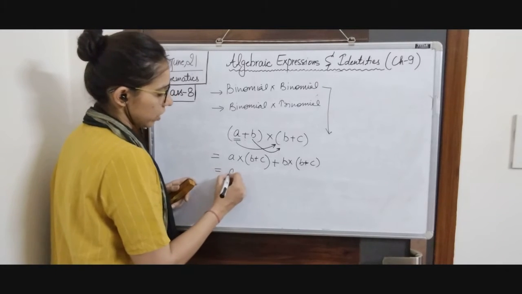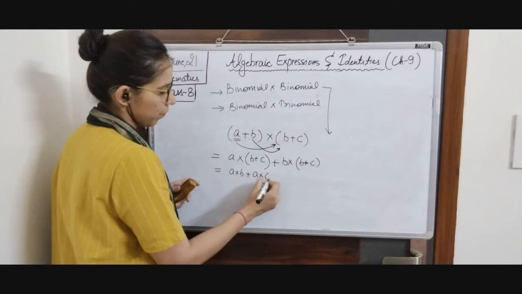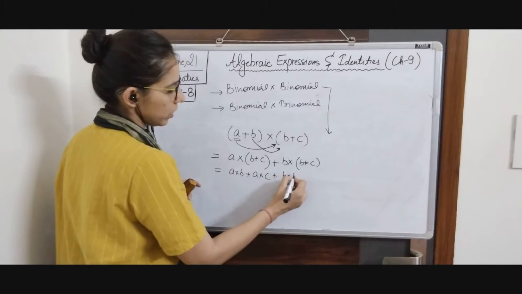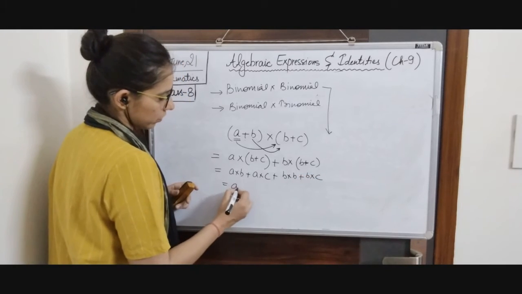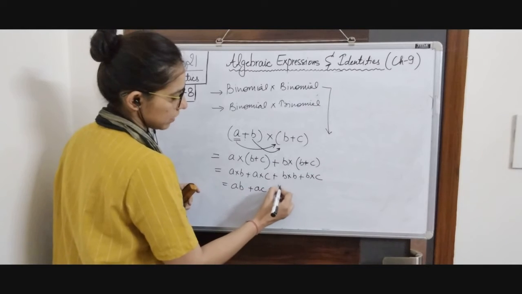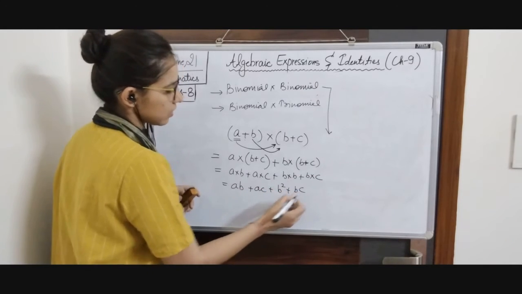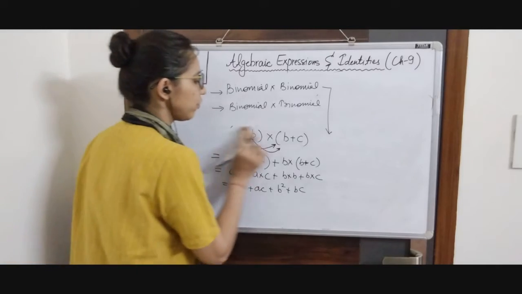So it is going to be a into b plus a into c, and b into b plus b into c. It will come out to be ab plus ac plus b square plus bc, and this is going to be our answer.